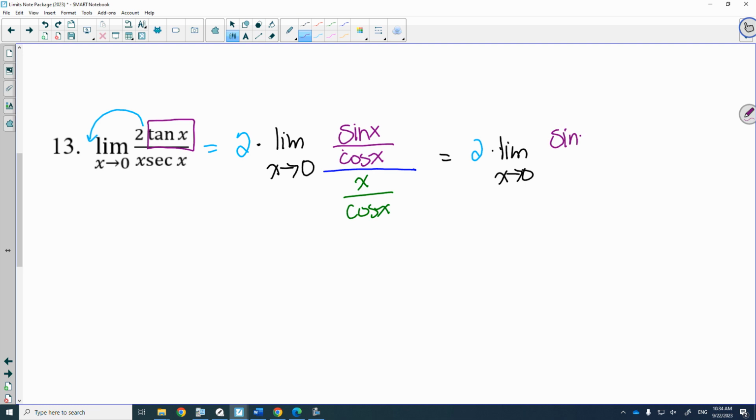So I've got sine of x over cos of x times the reciprocal of this, which would be cos of x over x. Cos of x and cos of x will cancel. And look what I'm left with: sine of x over x. Whenever we see that, we know that that's 1. And I get 2 as an answer.